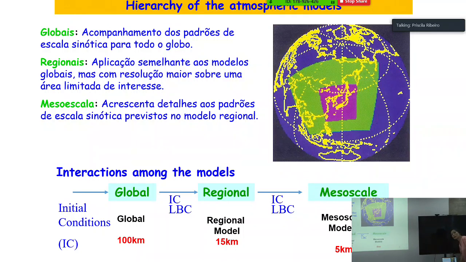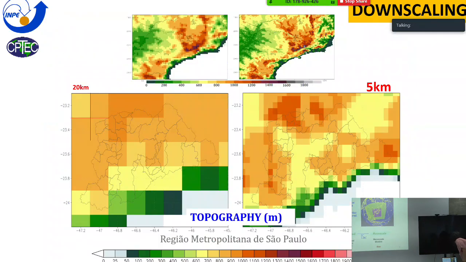But you have to have a global model initially. This is the term we call downscaling. The idea is that you have a very coarse resolution picture, and you want to reduce the scale of that information to a local scale.